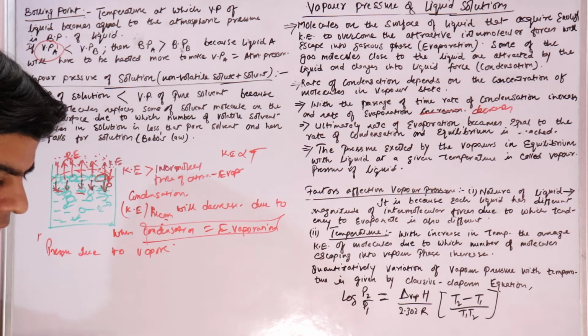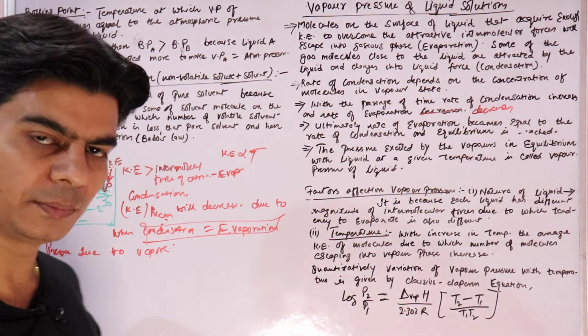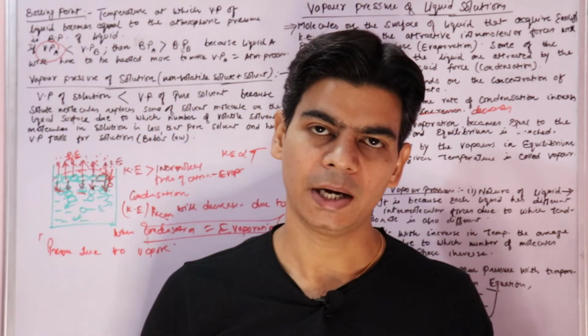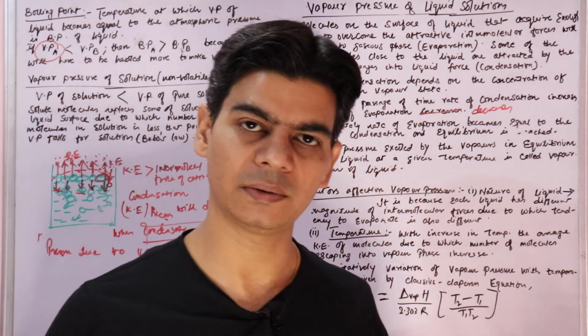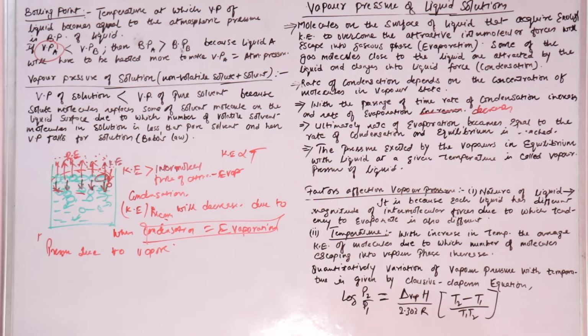Now let's talk about boiling point. Boiling point is the temperature at which the vapor pressure of a liquid becomes equal to the atmospheric pressure. We know this definition from our previous classes. Now just apply this concept.